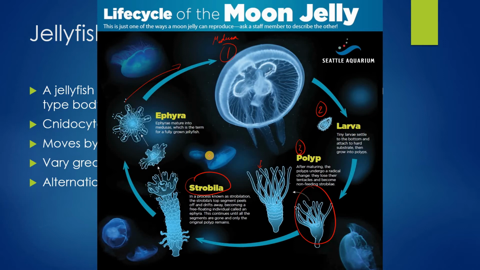So we've got steps 1, 2, 3, here's number 4, here's number 5, all the way back. You'll notice it goes from medusa to polyp, and this is the definition of what we call alternation of generations. So that is a jellyfish's life cycle. Now, this is what gives some jellyfish even the name immortal jellyfish, because they can kind of go on forever, switching between these two forms.